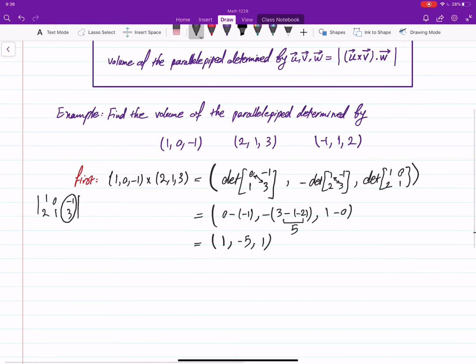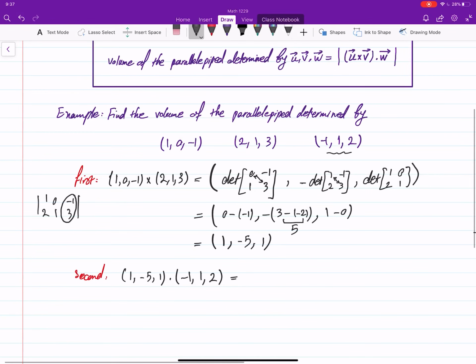Then the next step is to find the dot product of what we found, 1 negative 5 1, with the third vector that we haven't used yet, negative 1 1 2.